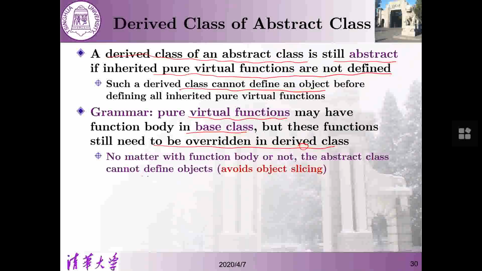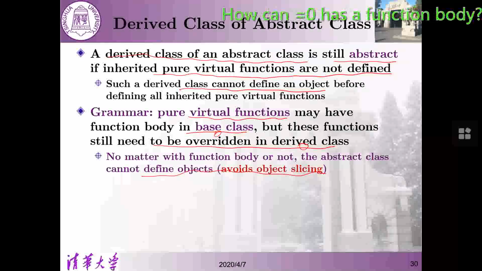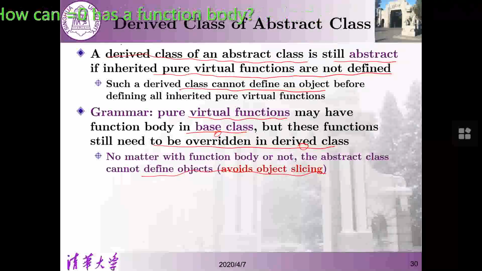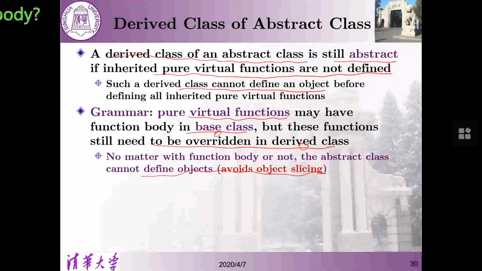Okay, this is for the base class in this one, right? It can have a function body, but it cannot define objects. Yes, you can define the function body for this pure virtual function in the source file.